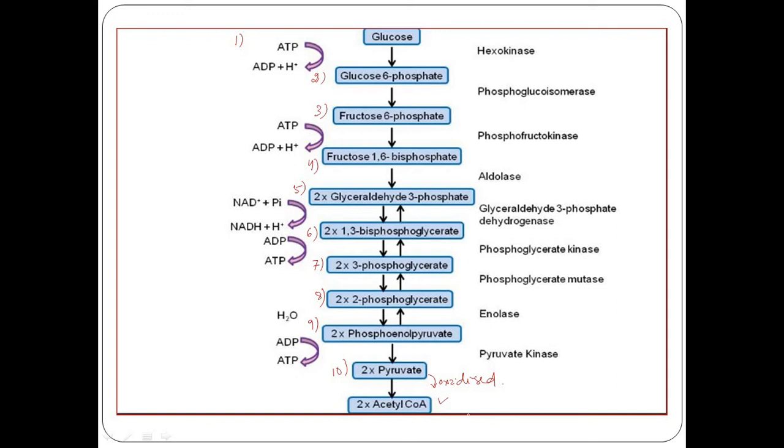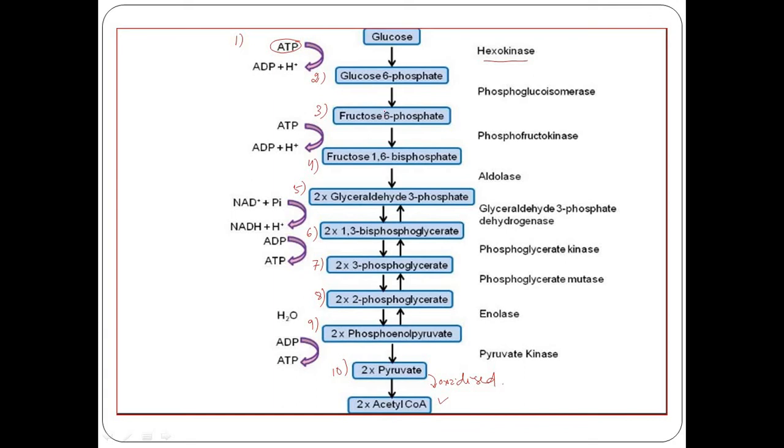Here glucose is broken down in the first step and forms glucose 6-phosphate, and here ATP is utilized. They consume energy in the presence of the enzyme hexokinase, produce ADP and hydrogen ion, and form glucose 6-phosphate.